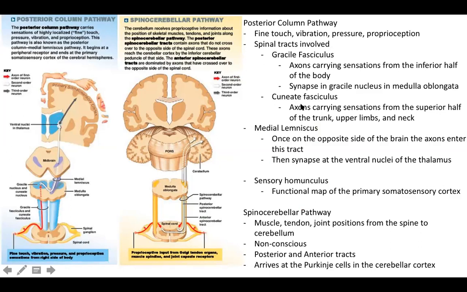The gracile fasciculus carries sensations from the inferior half of the body, and it synapses in the medulla. The cuneate fasciculus is from the superior half of the body: the trunk, upper limbs, and neck. Both of those carry information for fine touch, vibration, pressure, and proprioception.